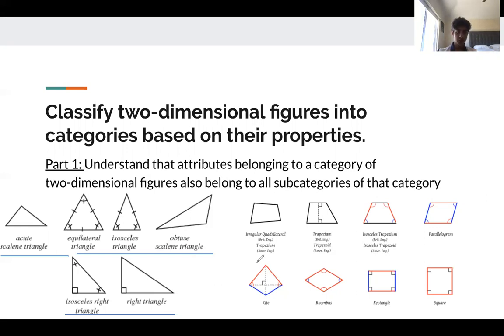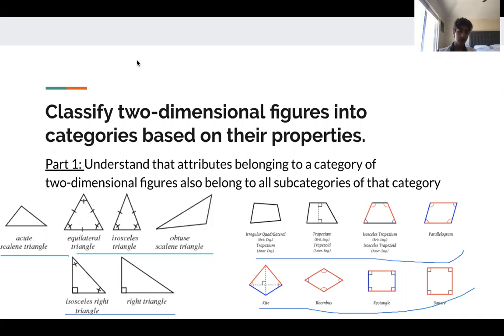Similarly with quadrilaterals, we have 8 quadrilaterals right here and then some right here. What you have to understand with these is that although they all fall under the category of quadrilaterals, all 8 of these are quadrilaterals, there are specific types of quadrilaterals that are different from each other.